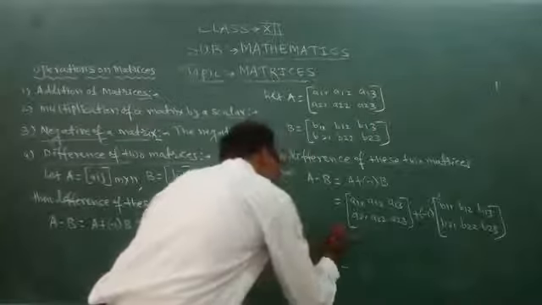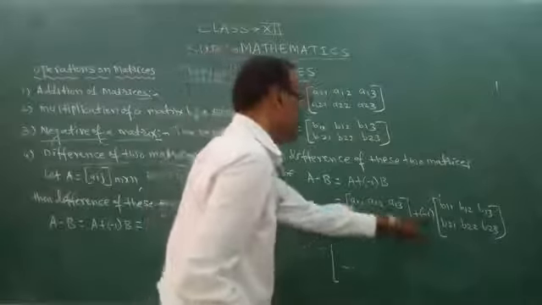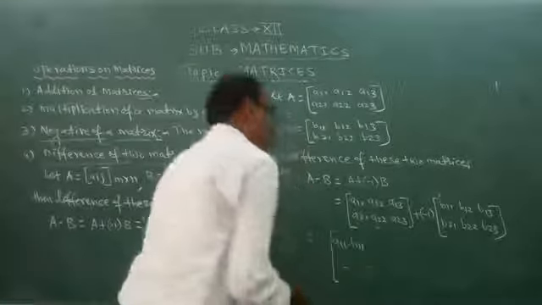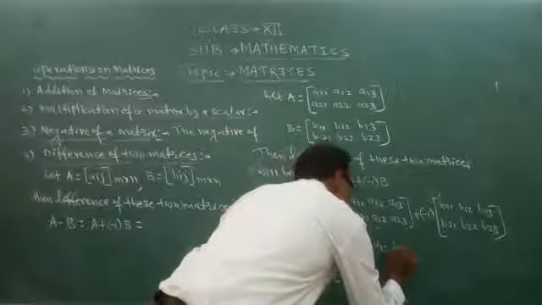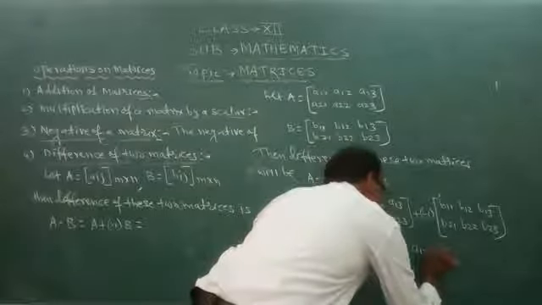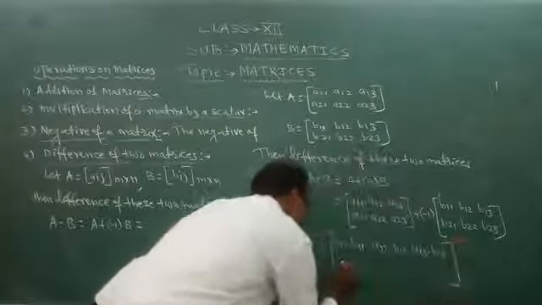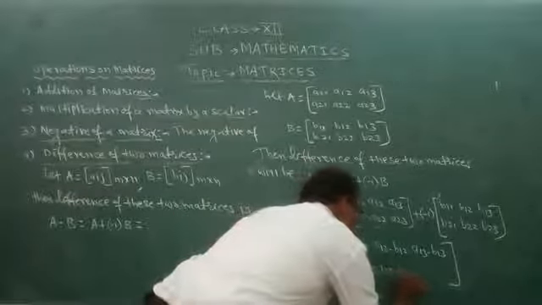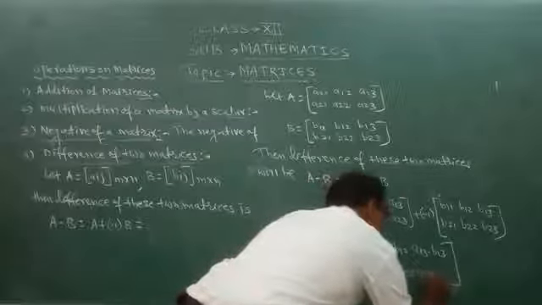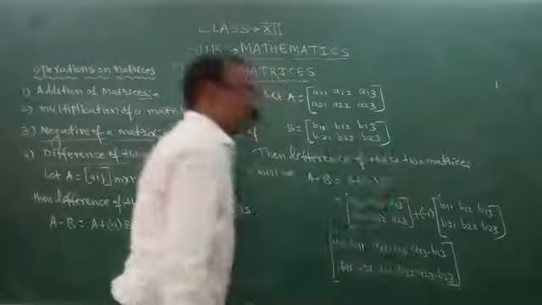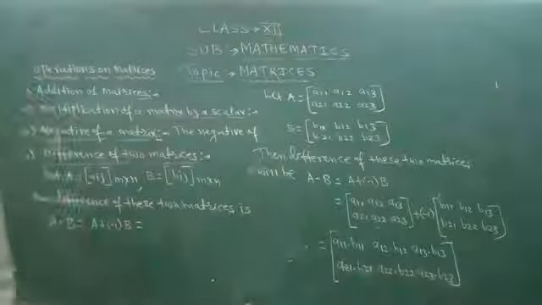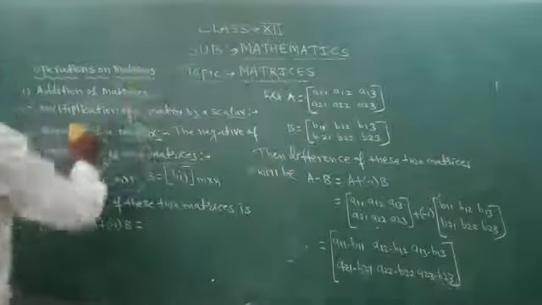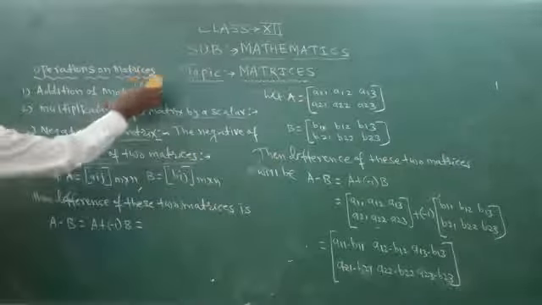So you just subtract now: A11 minus B11, A12 minus B12, A13 minus B13. Similarly, A21 minus B21, A22 minus B22, A23 minus B23. In this way, we can find the difference of two matrices. Okay. Then there are some problems. These are four operations on matrices.